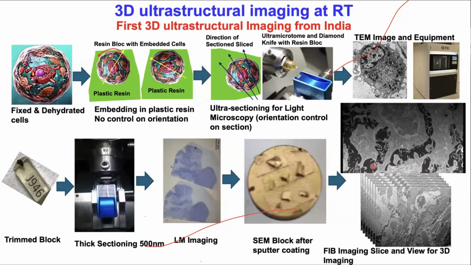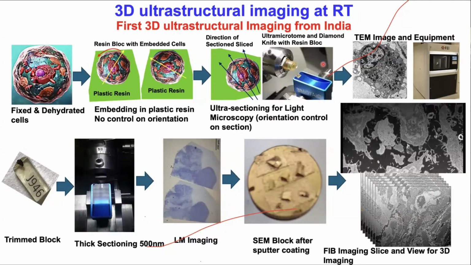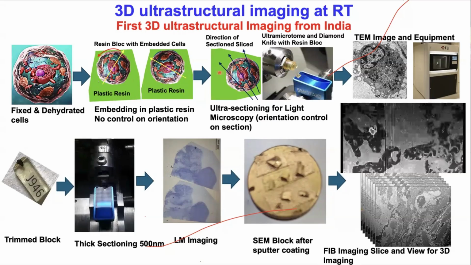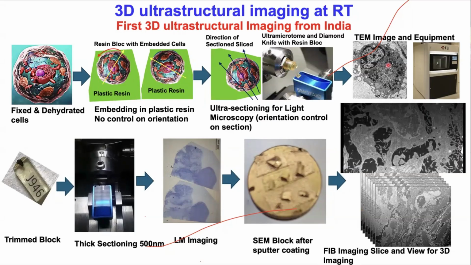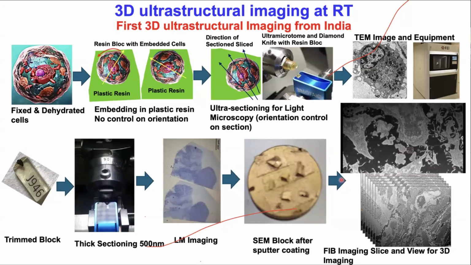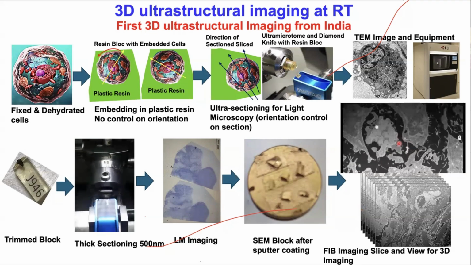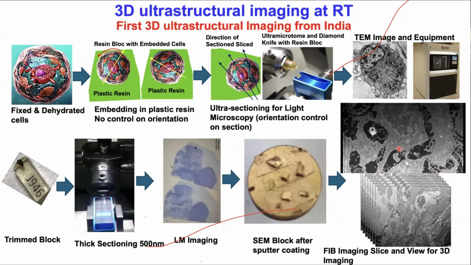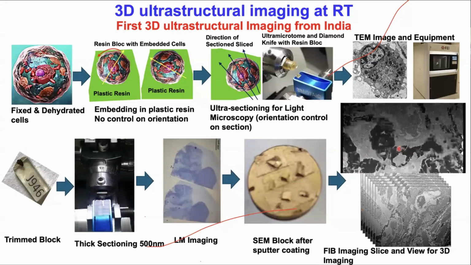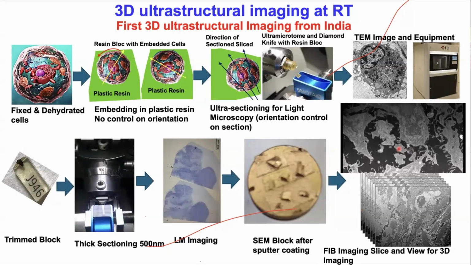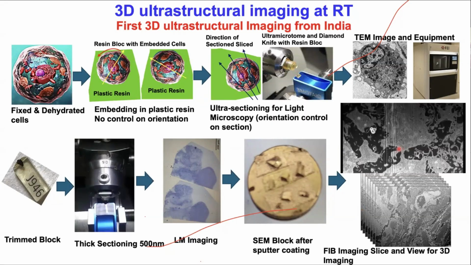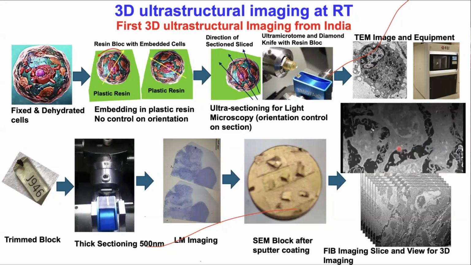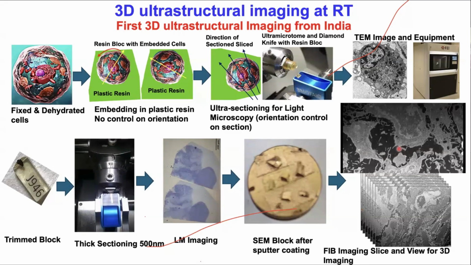However, in the normal TEM route, you have to take the cells, plastic resin, ultra-section, a thin slice of 70 nanometers, and finally image it. So this is going to give very good 3D information about the cells. And we have developed many 3D tomograms of cervical cancer and different kinds of tissue using this technology.